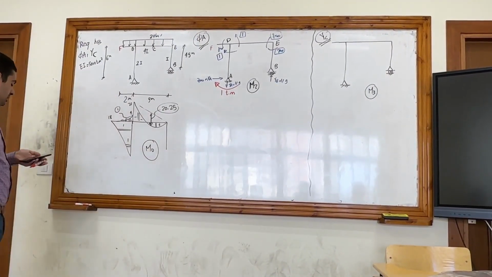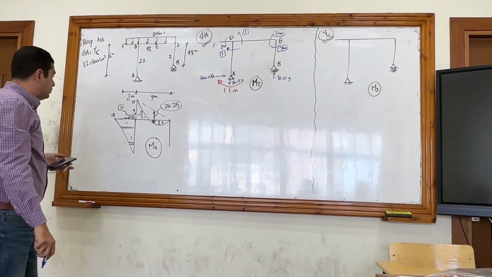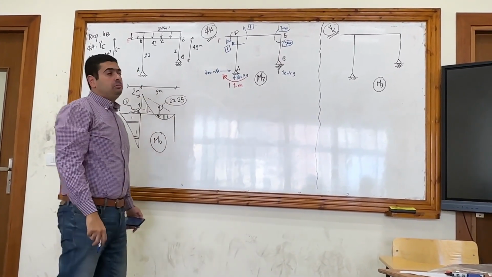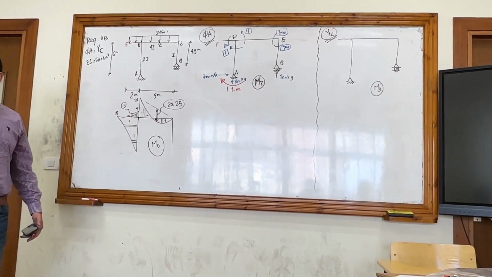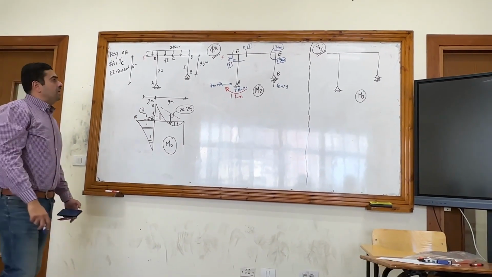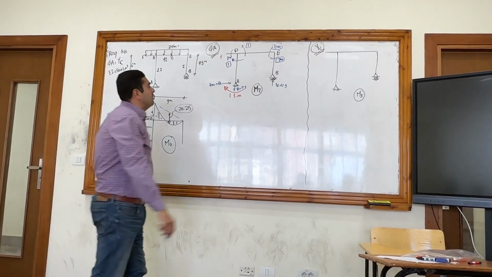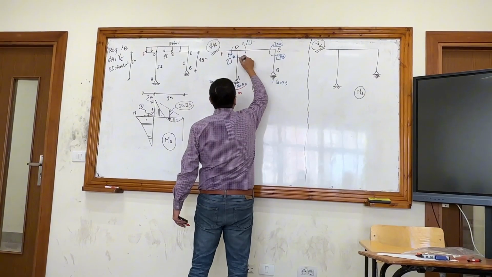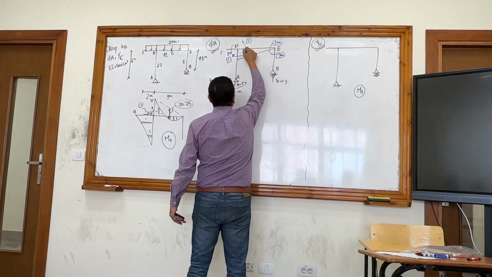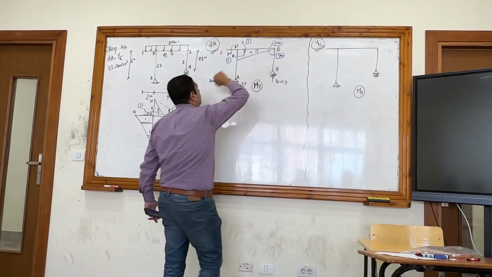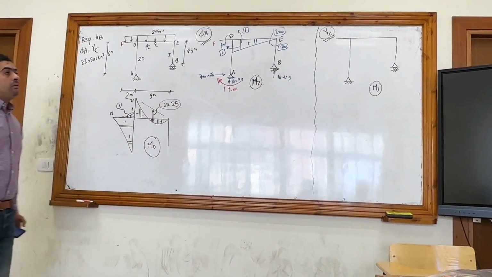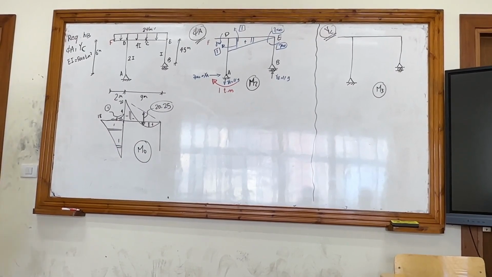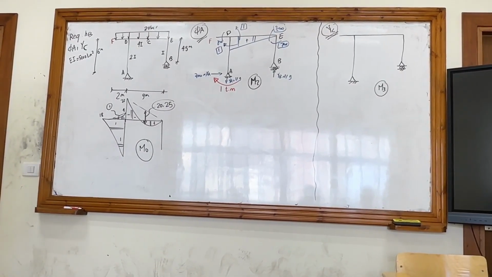Now I can draw the bending moment diagram. Let's start with EB. No moment at EB. Moment at B is 0. Moment at E is 0. For the DE, the moment at E is 0, and the moment at D is 1 downwards. For the cantilever DF, no moment at F and no moment at D, so no moment for the member DF.